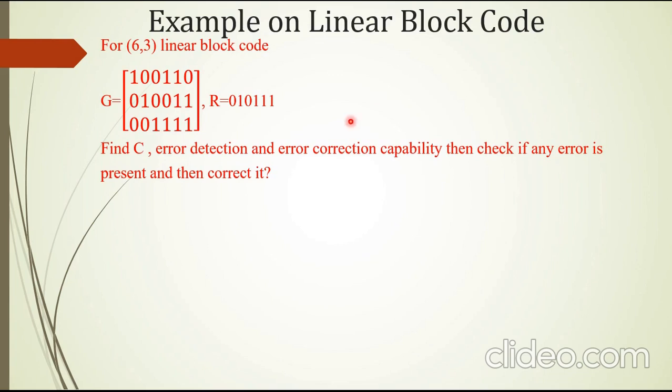So it is given in the question, for a (6,3) linear block code, where G is the generator matrix and R is the received code word, which is 010111.